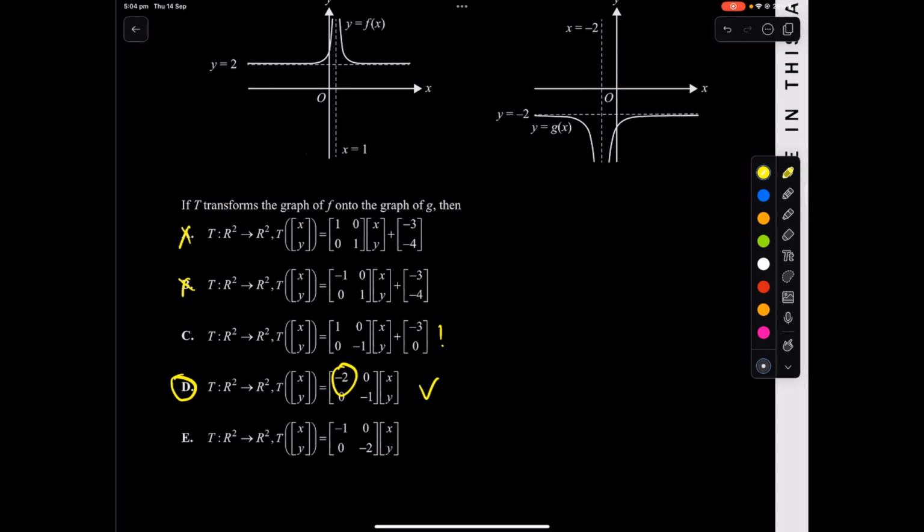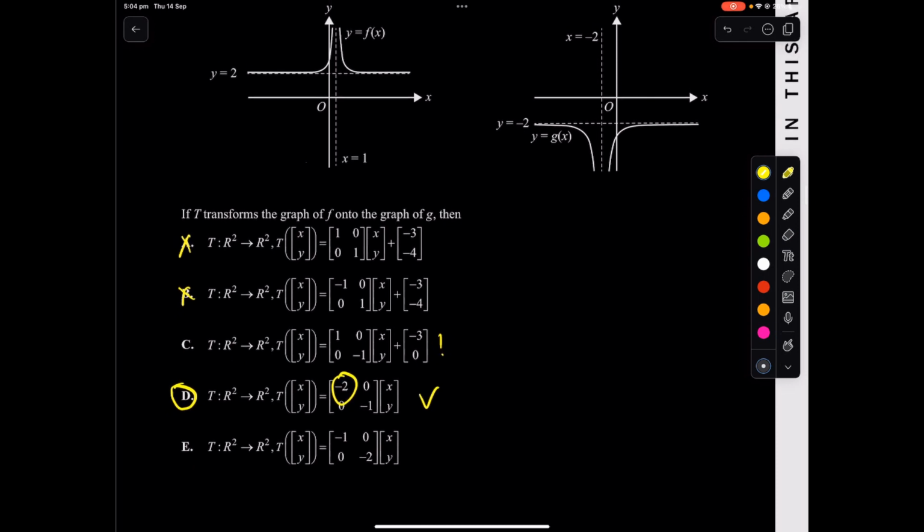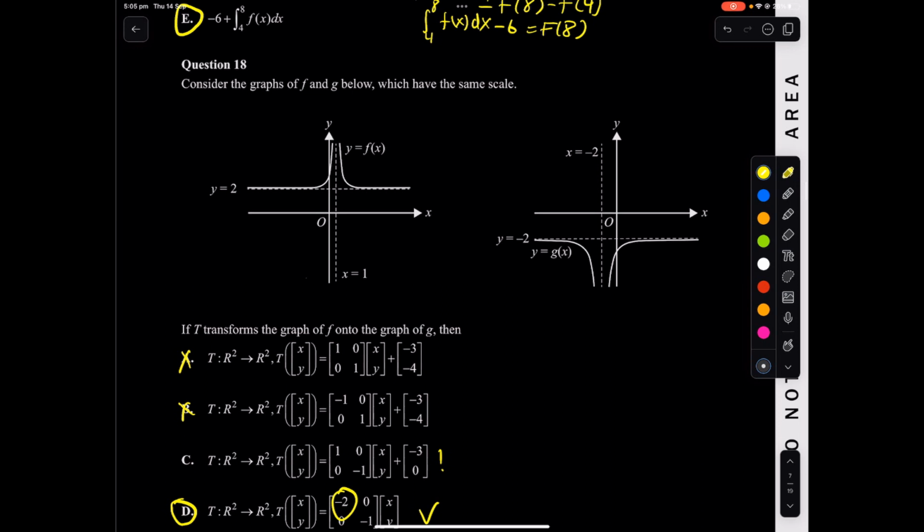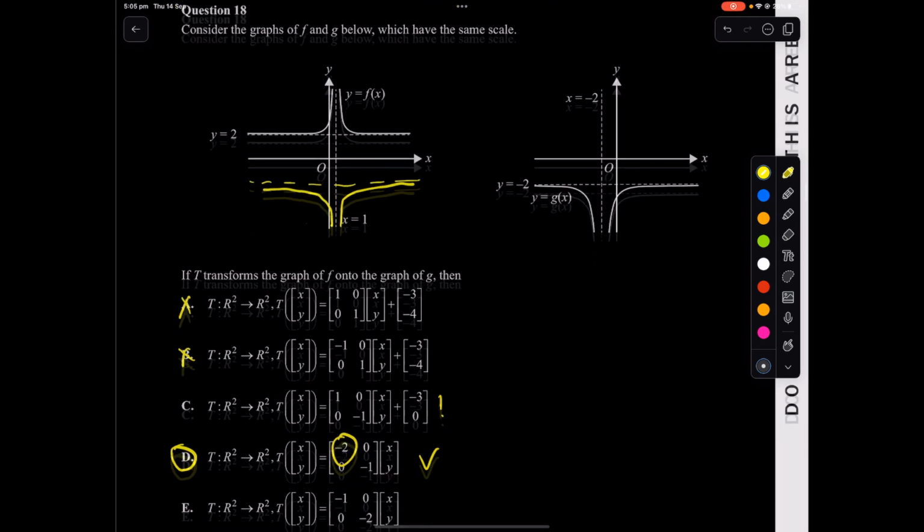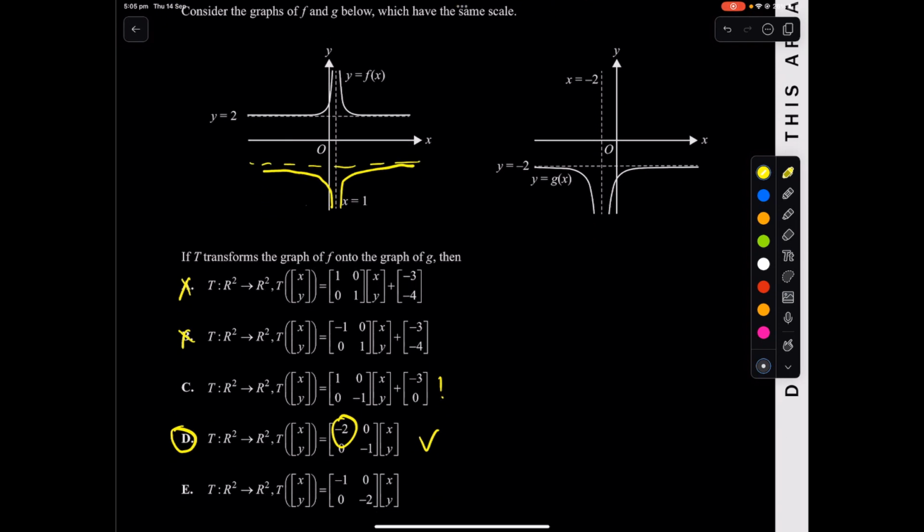What about this one over here? So a reflection along the y-axis. So if we reflect this whole thing, and then a reflection along the x-axis.